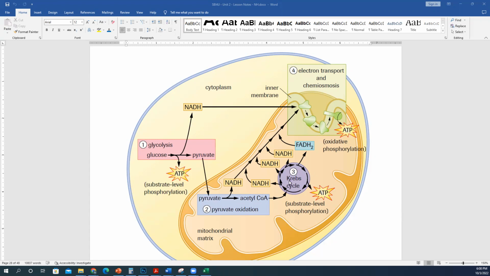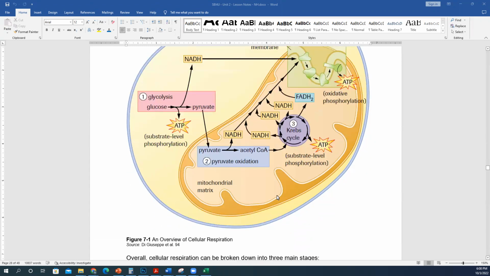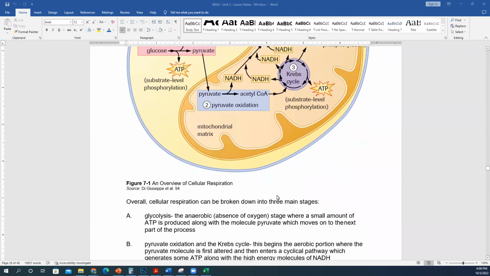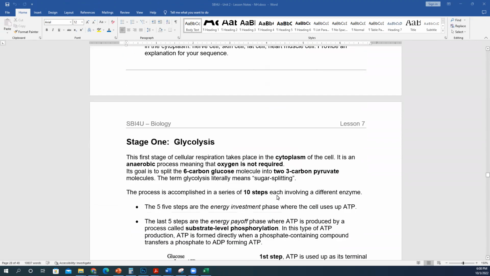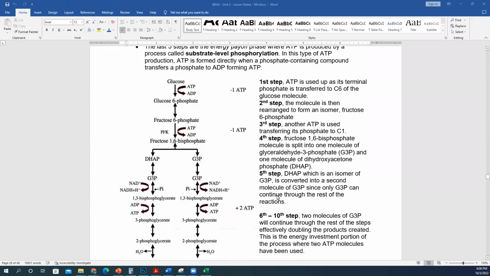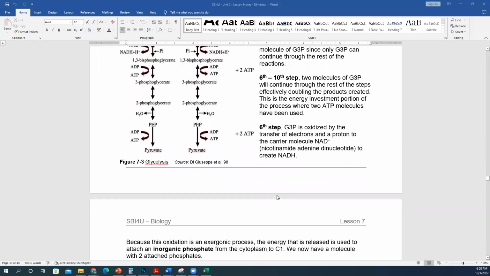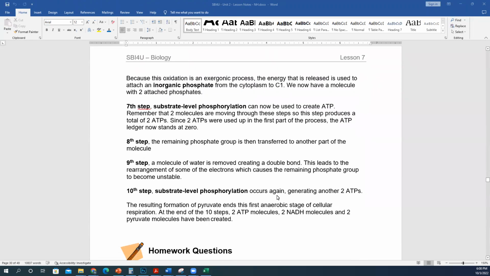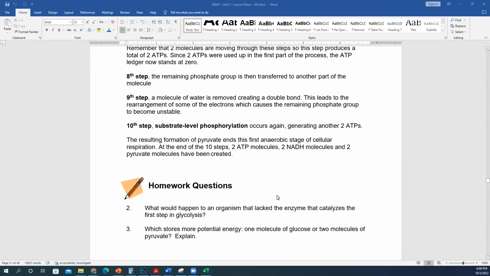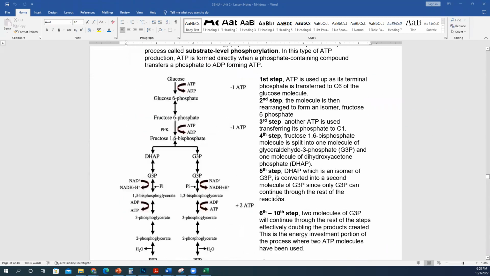And if I'm right, I think we left off before getting into the Krebs cycle, or maybe we didn't even get into pyruvate oxidation. Maybe we just finished glycolysis, I think. So why don't we just pick up at the end of glycolysis.